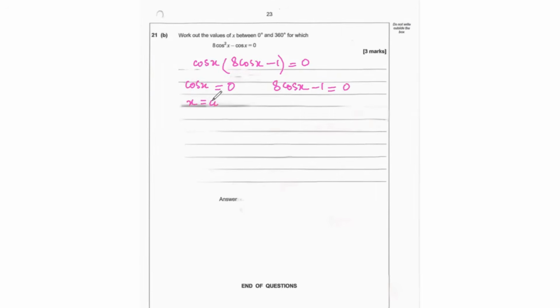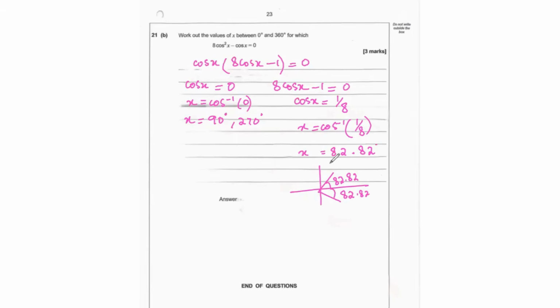So x is cos inverse of 0, which gives us 90 and 270, because that's where cos is equal to 0. Now over here, cos x equals 1 over 8. x equals cos inverse of 1 over 8, which equals 82.82 degrees. Cos is positive in the first quadrant and the last one.